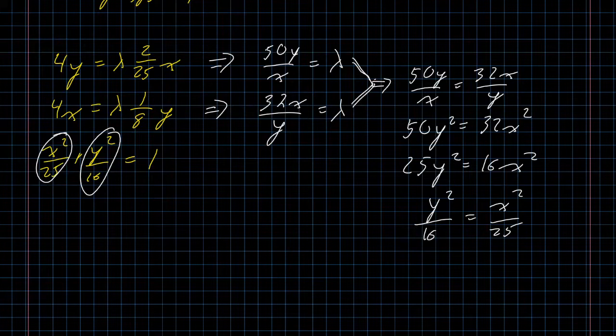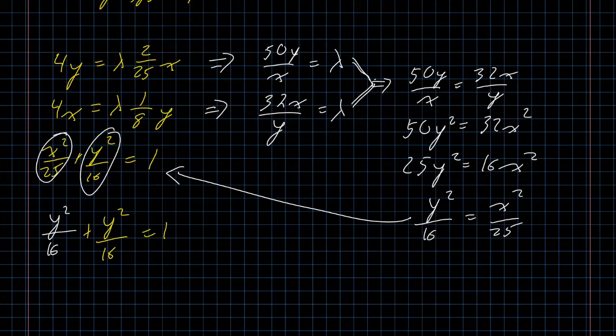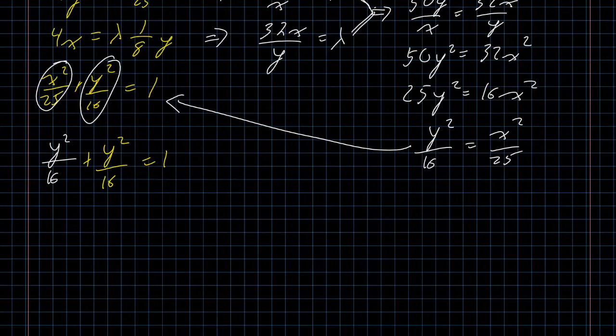I'm going to take my x squared over 25 and replace it with y squared over 16. Again, just taking this and substituting it in over there. Simplifying, y squared over 16 plus y squared over 16 is 2y squared over 16, or y squared over 8.